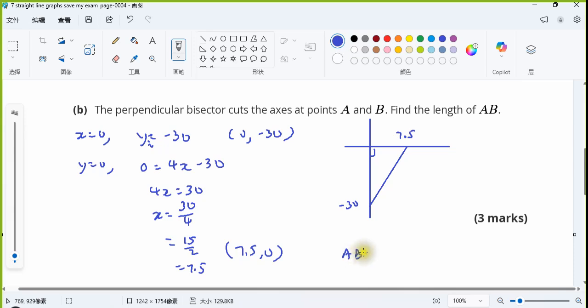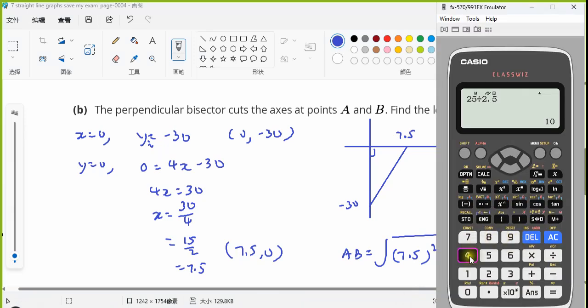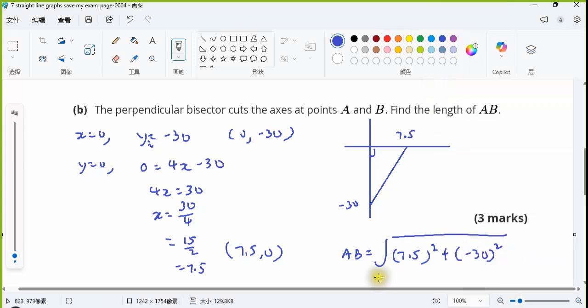So the length of AB will be the square root of 7.5 squared plus negative 30 squared. Okay, so we have 7.5 squared plus 30 squared, and then we square root it, then we will have 30.3.